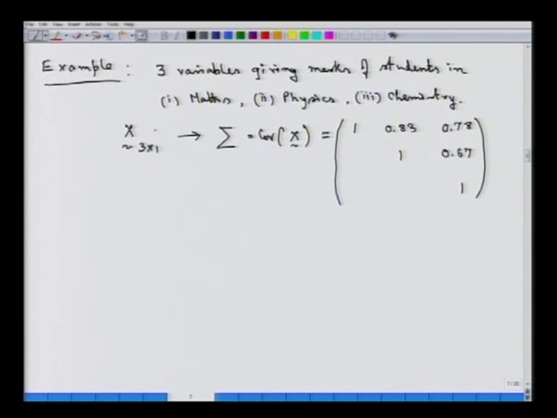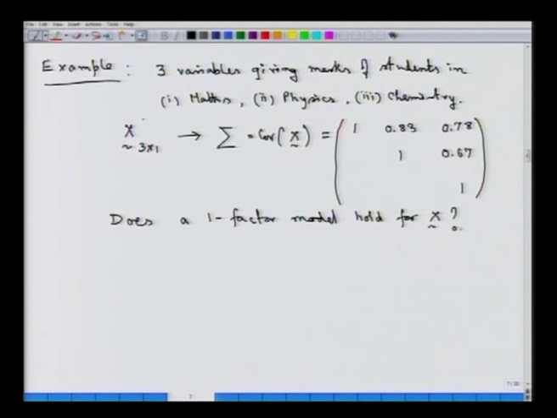Now, we will look at this as the starting covariance matrix, and we will try to answer the following question: does a one factor model hold for x? We have three variables.